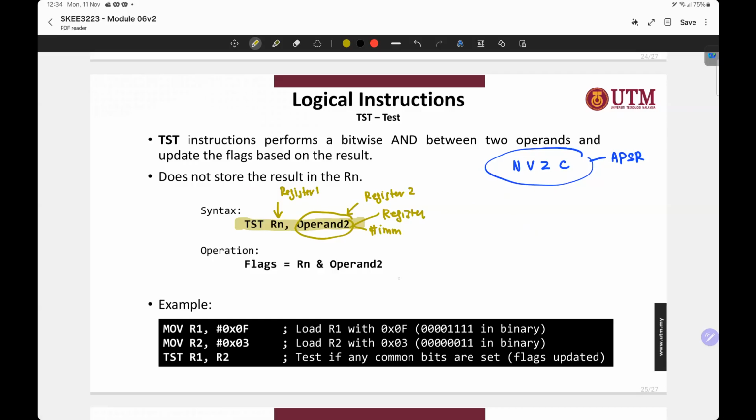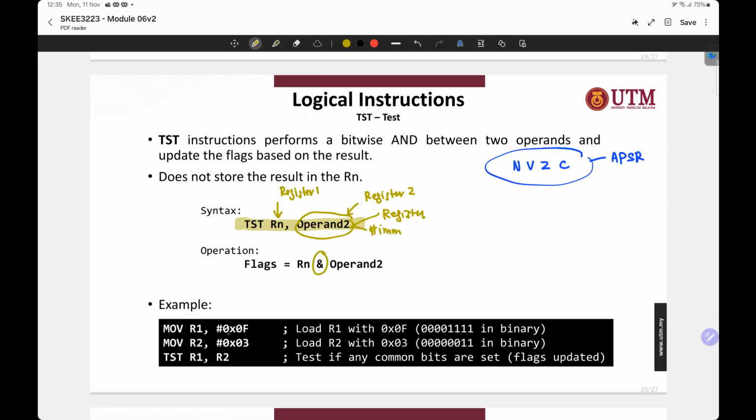The operation says that flags equal Rn logically ANDed with operand 2. It means that the flags will be updated accordingly after you do a logical AND between the first register and the second operand. We look at the example.